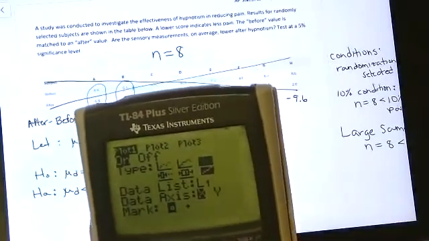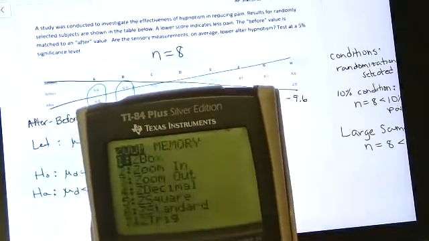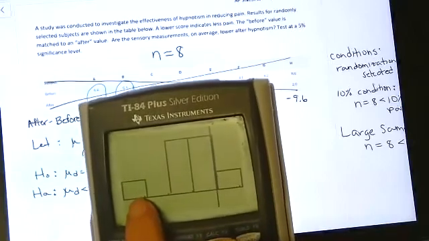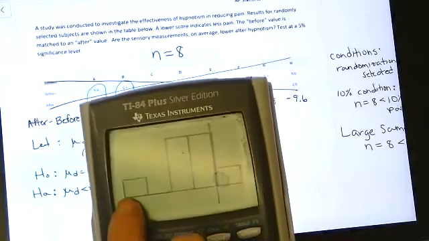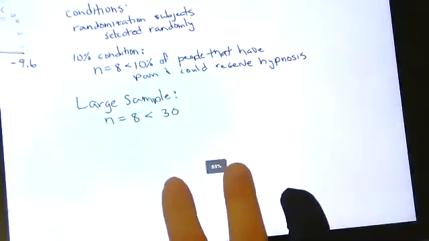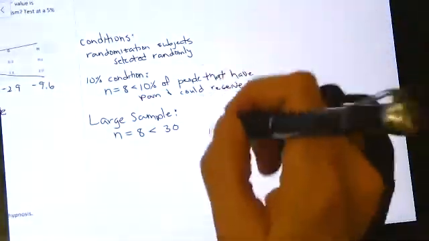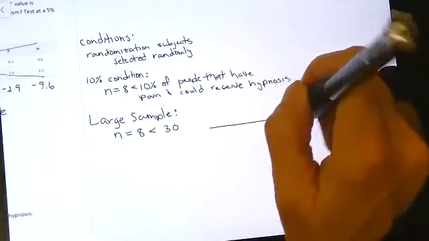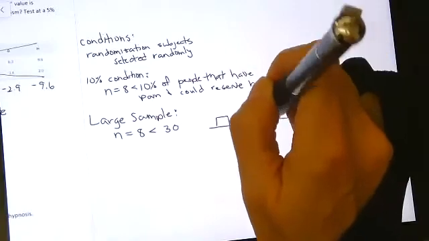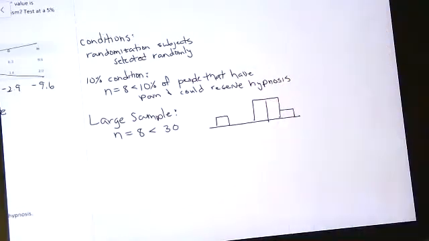If I go to my histogram, we will most likely see that outlier there as well. It's relatively symmetric, possible outlier. So I'm going to at least mention that, because on both of those I could see that outlier right there. But other than that, it looked pretty symmetric.